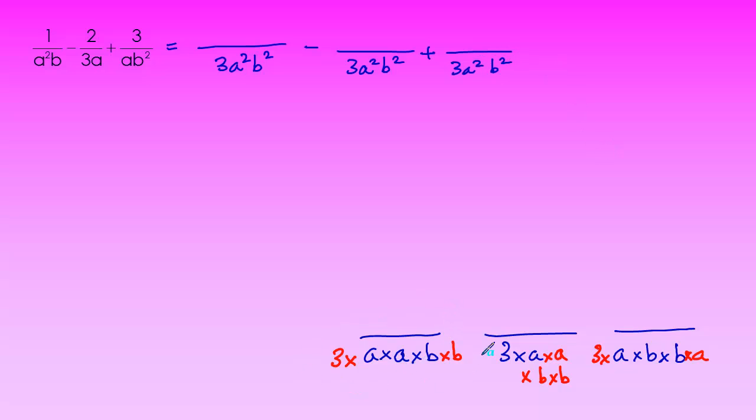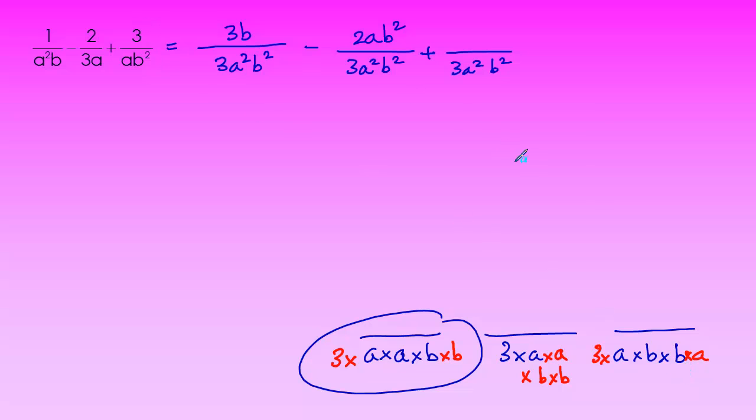Now for the first fraction, we multiplied by a 3 and a b. So 1 needs to be multiplied by 3b. So that will become 3b. For the second one, we multiplied by ab squared. So that would become 2ab squared. And the third one got multiplied by 3a.